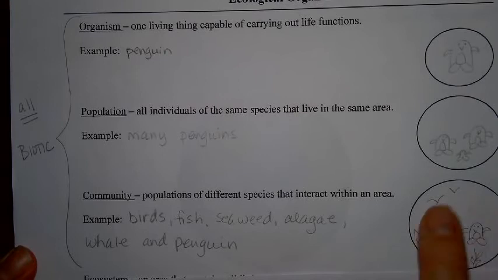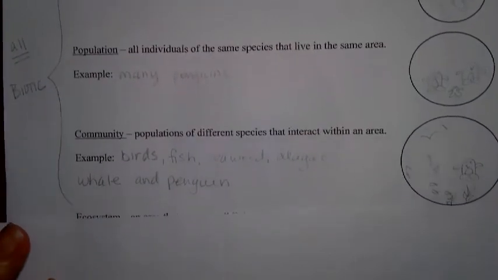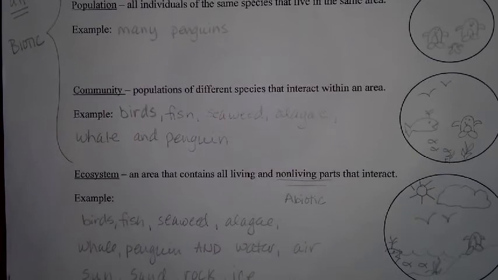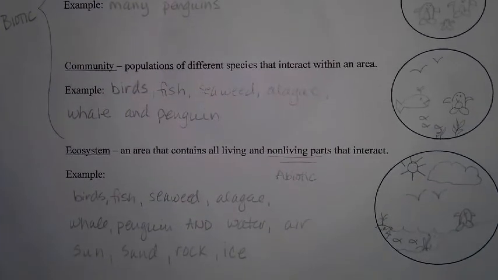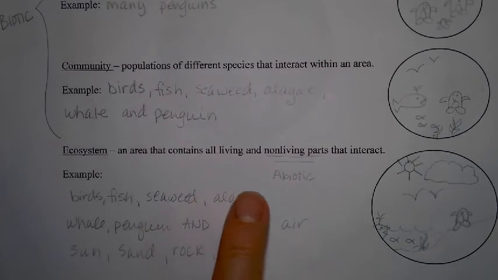We're not talking about anything that's abiotic. So I didn't draw any air or sun or soil over here because a community only includes things that are biotic or living. Once we add in abiotic factors, we're going to call it an ecosystem. So an ecosystem is an area that contains all living and non-living parts of the environment that interact. Because we need abiotic factors.